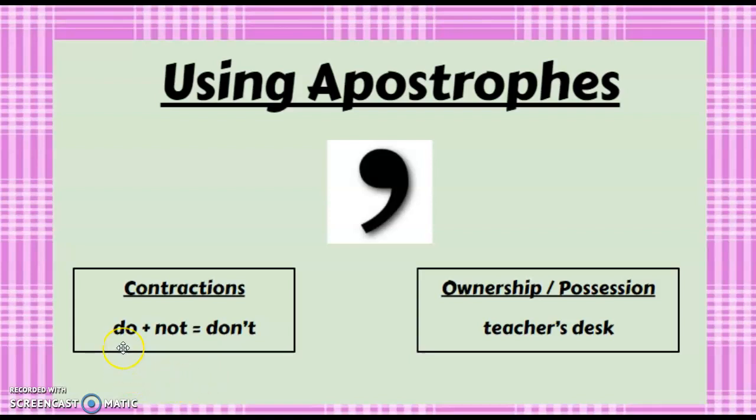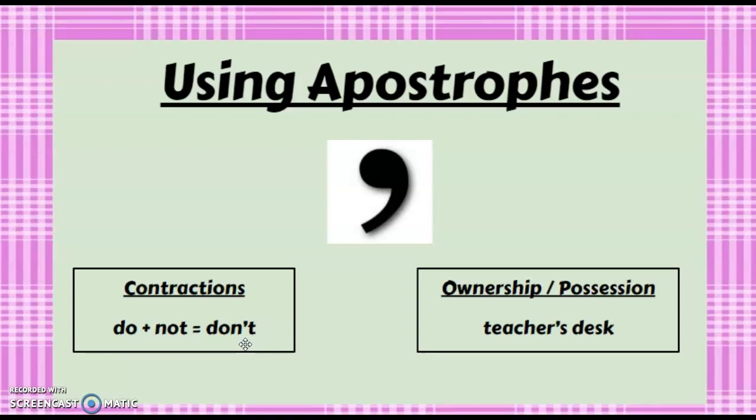For example, if we combine do and not, we get don't. Notice that the O in not popped out, and we've learned wherever letters pop out when we combine words to make a contraction, we need an apostrophe. So we certainly should continue to use apostrophes in contractions.